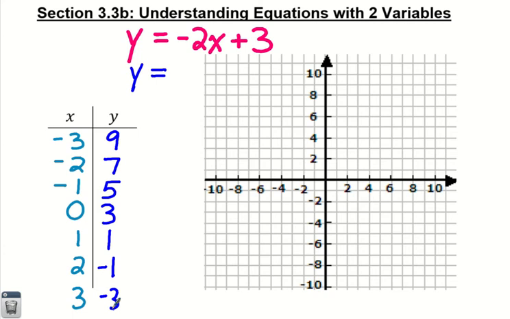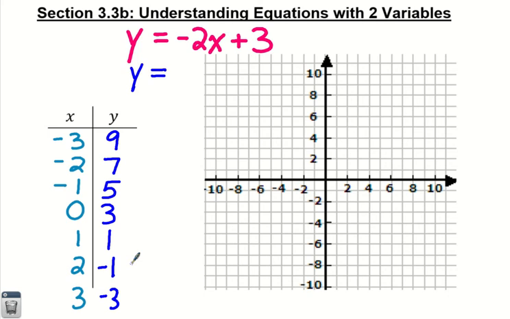Now, just to try to be extra clear, these are definitely not the only numbers you could plug in for x. How many numbers are there to plug in for x? Isn't there an infinite number of values? And they don't even have to be nice integers. Couldn't I plug in 1.5 for x?